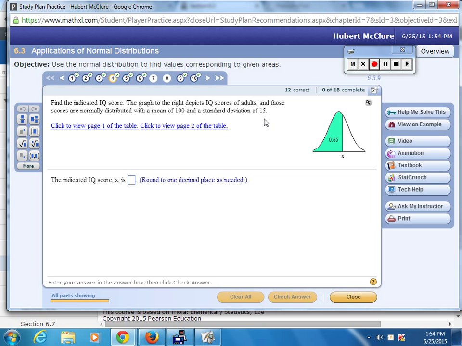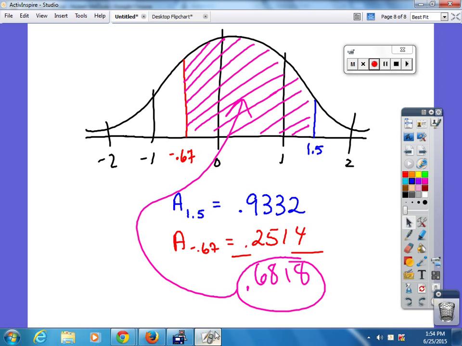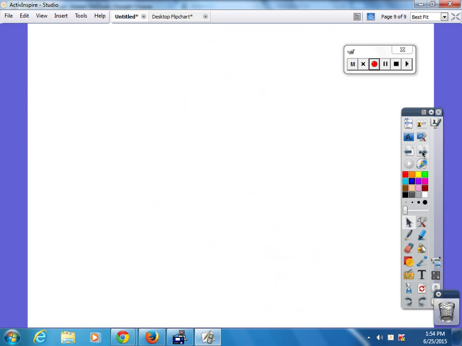But it's not that difficult because we remember our formula for z-scores. What is our formula for z-scores? I thought it was x minus x bar over the standard deviation. That's what I thought it was. Y'all tell me if I'm wrong. Z-score is equal to x minus x bar over the standard deviation.